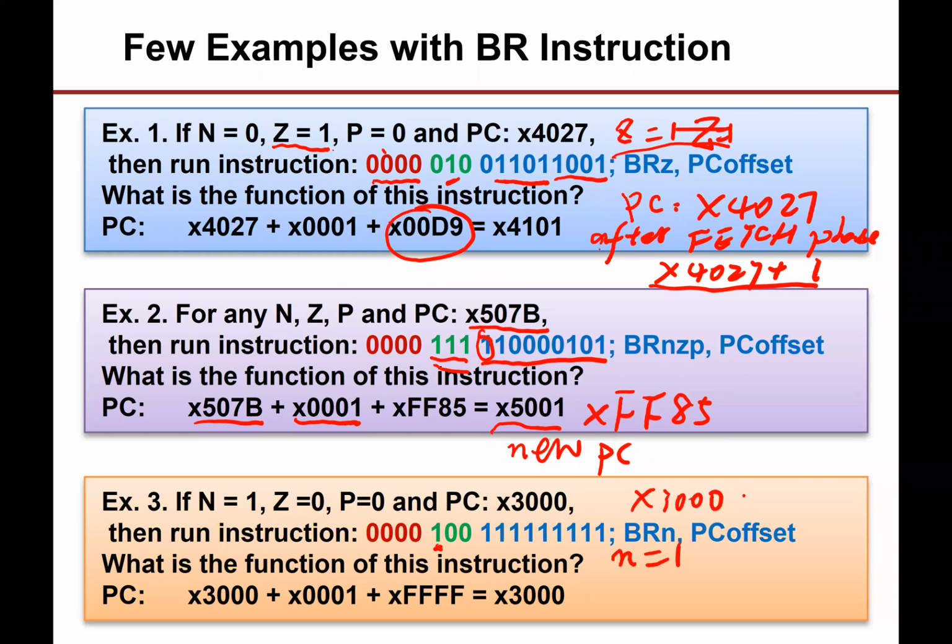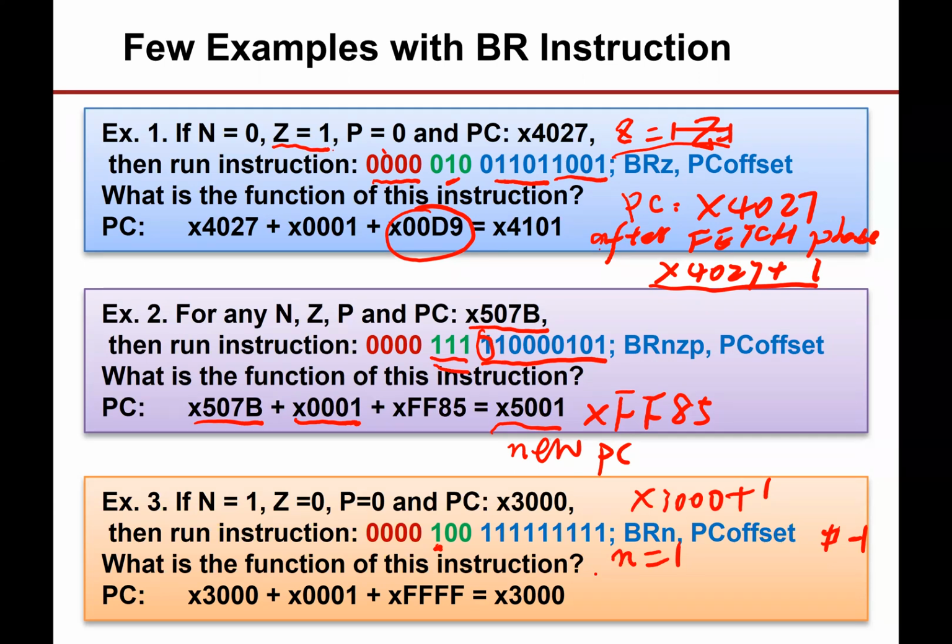So after the fetch phase it is 3001, and then the remaining 9 bits are all ones. All ones means in decimal it is -1, right? So the new PC actually is still x3000.